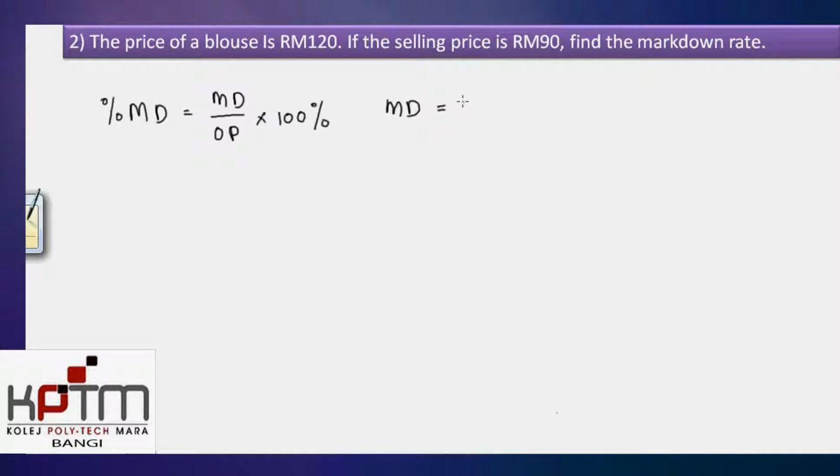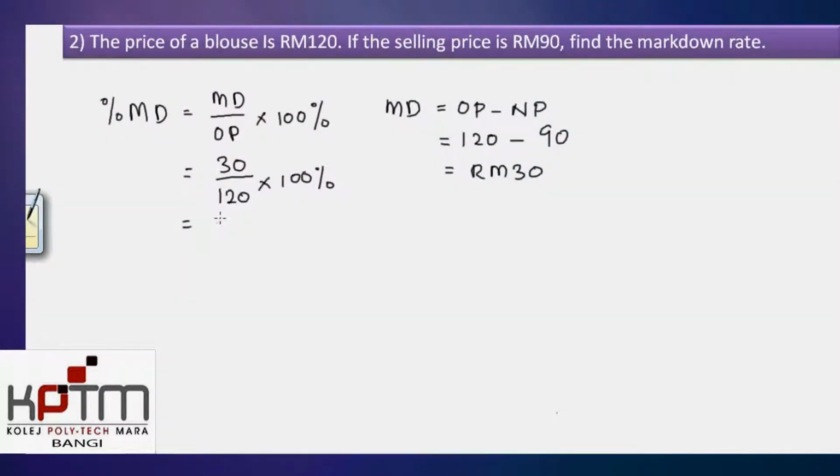MD is equal to OP minus NP, where OP is 120 ringgit minus NP 90 ringgit equals RM 30. So, markdown rate is 30 ringgit divided by old selling price 120 ringgit multiplied by 100%.